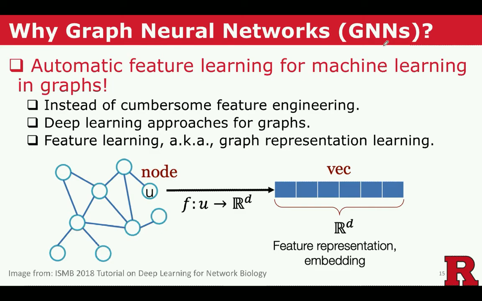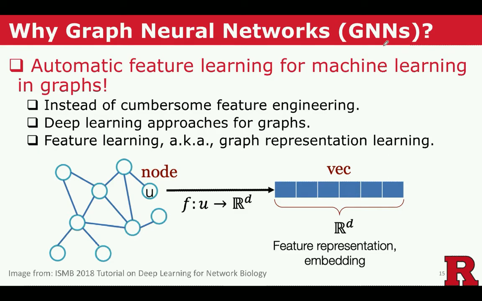Those learned representations are particularly suitable for downstream machine learning tasks, such as node classification. Just like CNNs are the typical deep learning approach for images, GNNs are the deep learning approach for handling graphs.